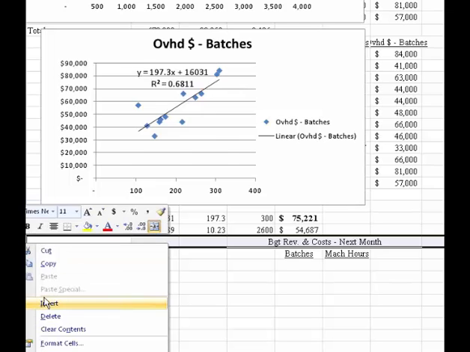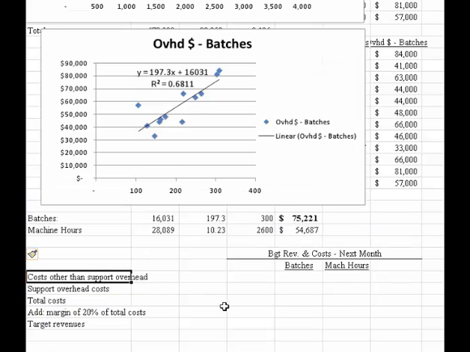And let me just add another row here to separate it, because now as we work on part 3, we've got to add in what they're predicting would be the cost other than support costs, and that was $125,000. Okay, we'll add that to both sides, under both scenarios. Support overhead costs are the predictions that we used in part 2.